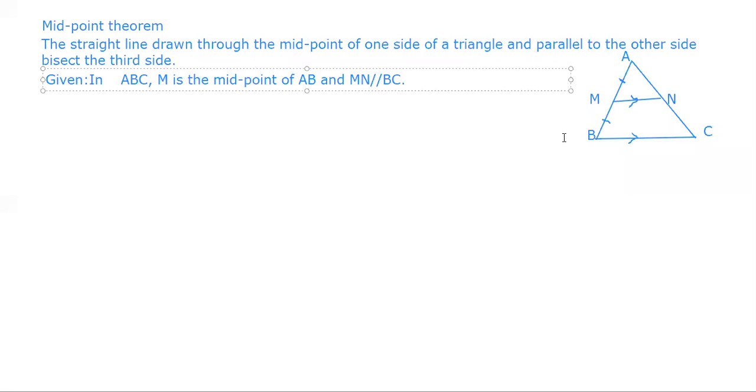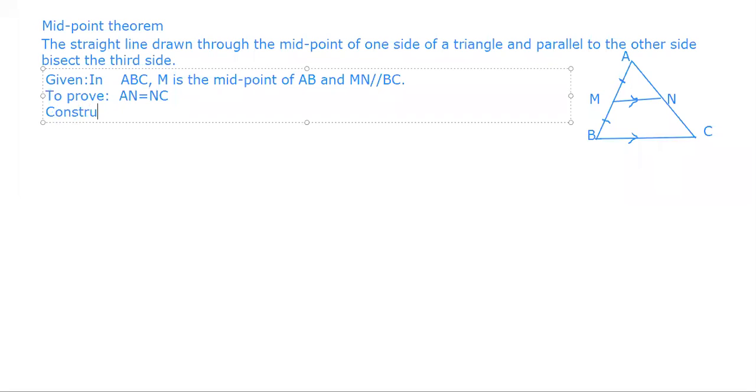We have to prove this MN bisects AC. It means AN is equal to CN.